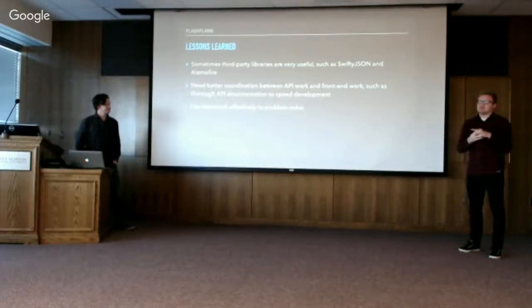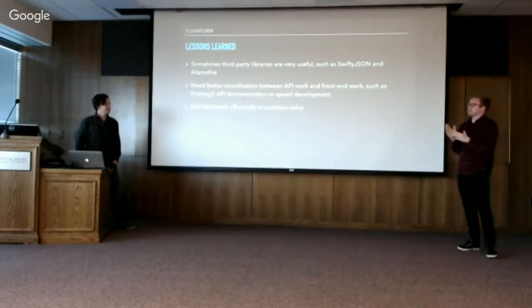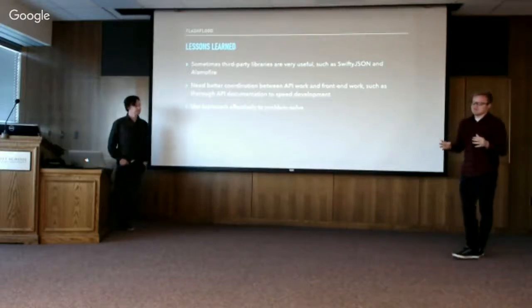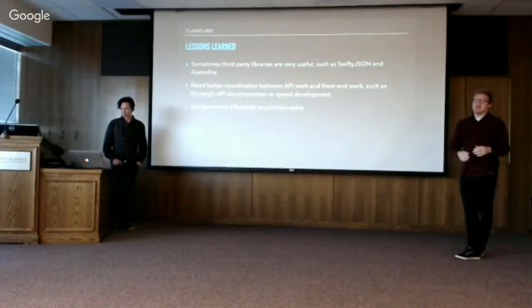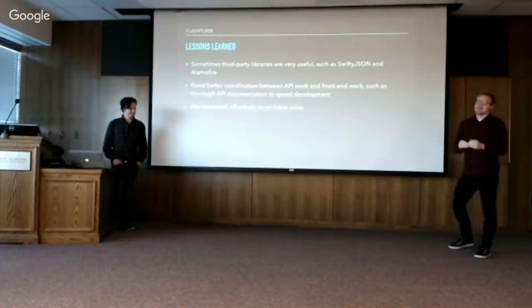But the ones that we used, SwiftyJSON, which parses the JSON that we get from the API, and Alamofire to make the API calls, were very helpful. I had never done anything with an API, and being able to use these libraries that were really easy cut down the time.